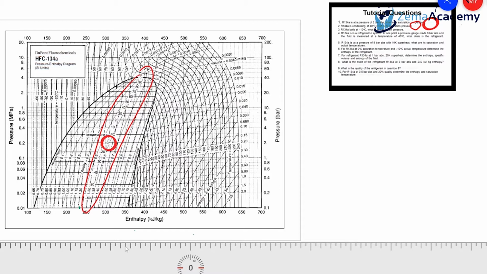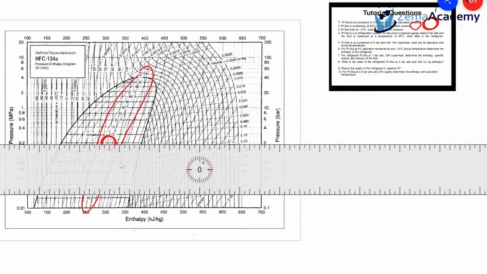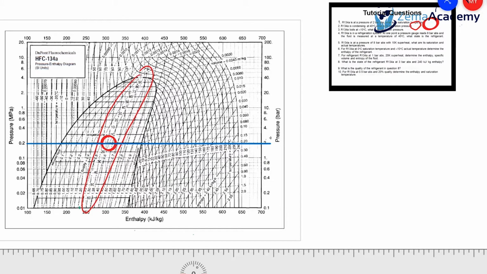So at -10, I draw a straight line horizontally and read my suction pressure, which is 2 bar, right? Can you all see? And it says 2 bar.